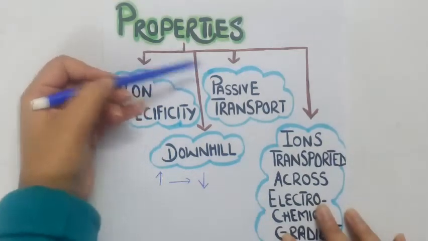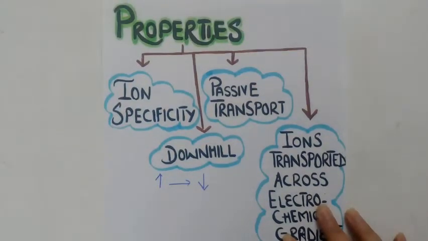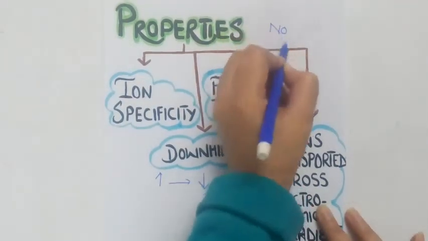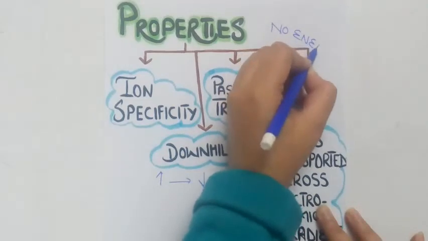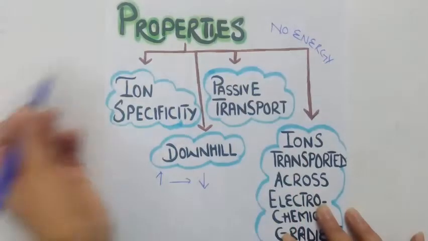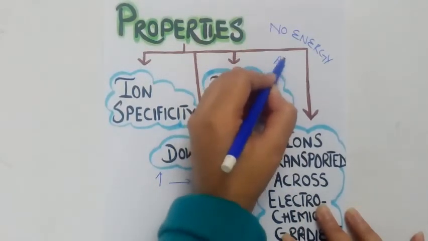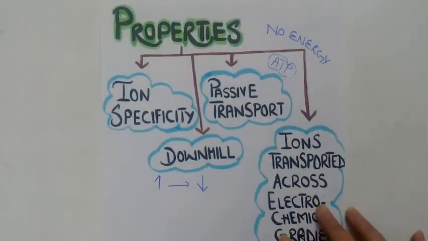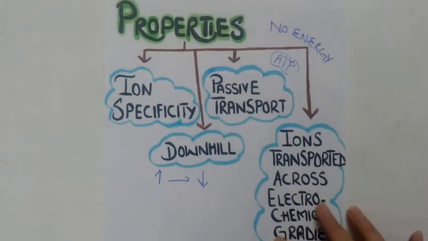And there is passive transport of ions, which means that there's a random movement of these ions through the channels. There is no utilization of energy, which means that no ATP is utilized for the passage of these ions through the channels.